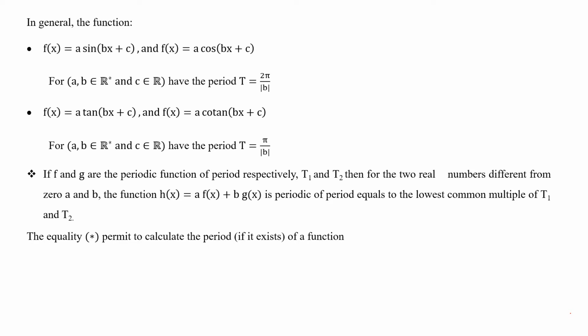And for tan and cotan, because we know that the period of tan is pi, when a function is defined as a tan(bx plus c) or a cotan(bx plus c), its period is obtained by taking pi and dividing by the absolute value of b.